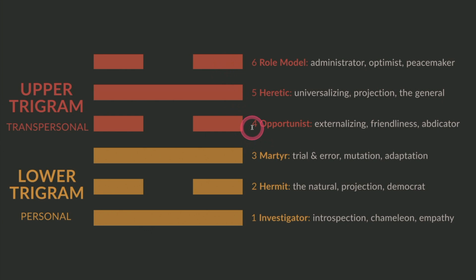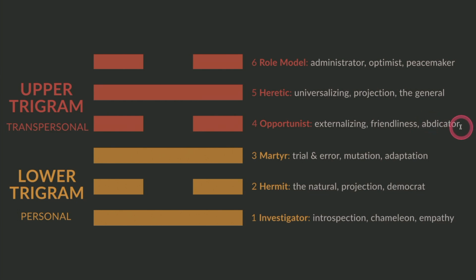And we see this movement through the lines of the hexagram. So when we get to the fourth line, the opportunist, right? And here's another word that tends to have a negative connotation, for better or for worse. You're an opportunist, it seems like you're using people for a purpose. But if you look at it in terms of the language, you are just someone who recognizes opportunity, in this externalizing friendliness and abdicator.